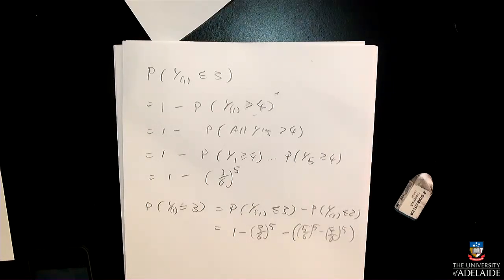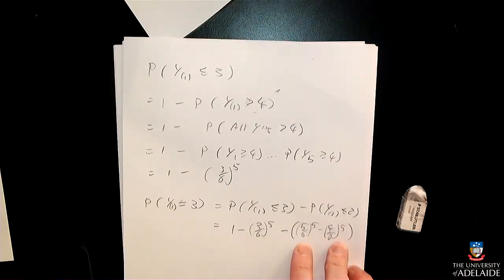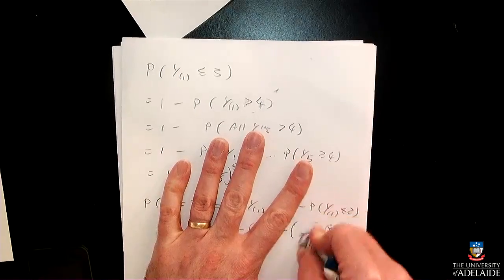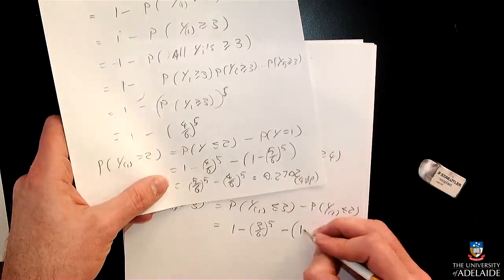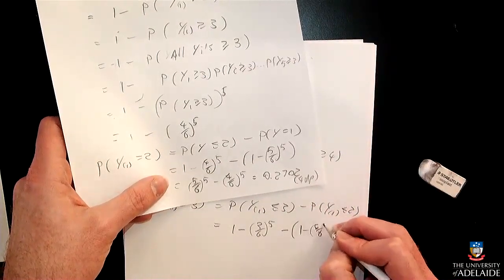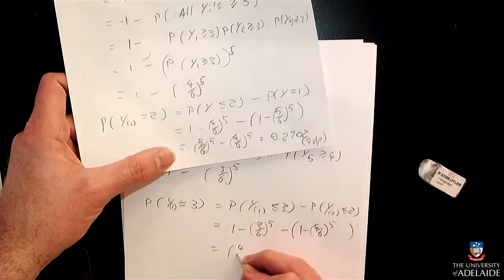Is there anything else, just subtract the second one? 5 over 6, 5 over 6 and 3, because that would encapsulate all the ones and twos. Oh, crap. Yep, sorry. It's the less than or equal to 2, not the equal to 2 that I want to subtract. I want to subtract this one. Which is cool. So there's a pattern forming.